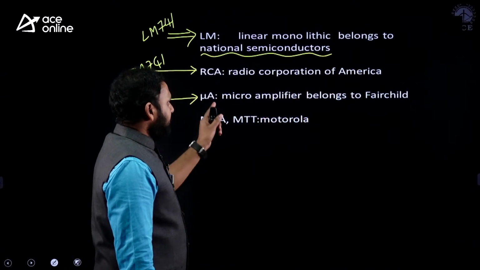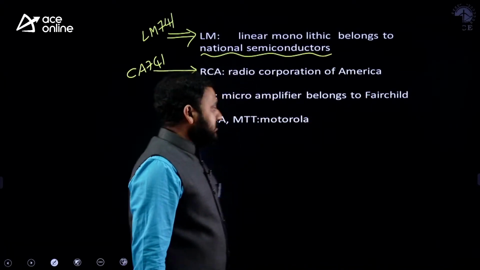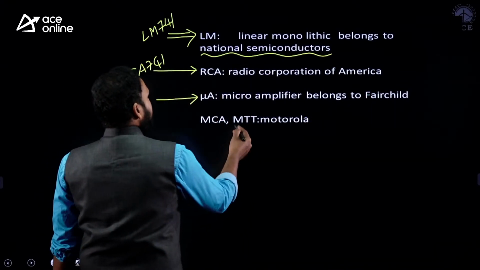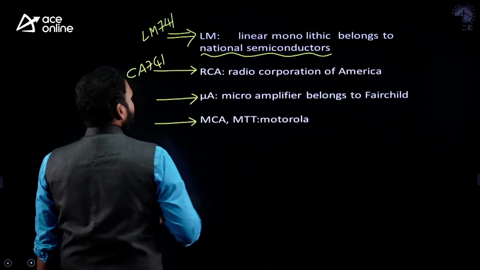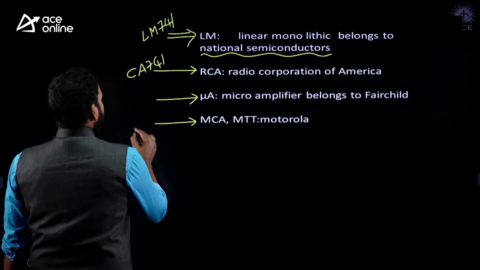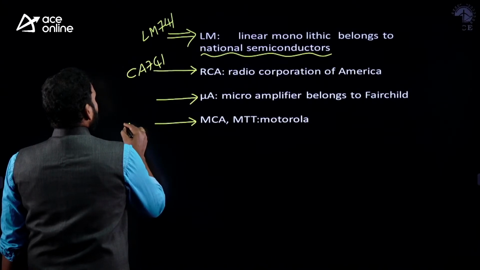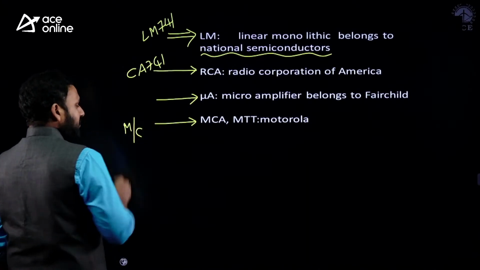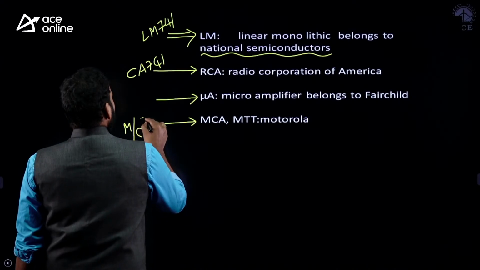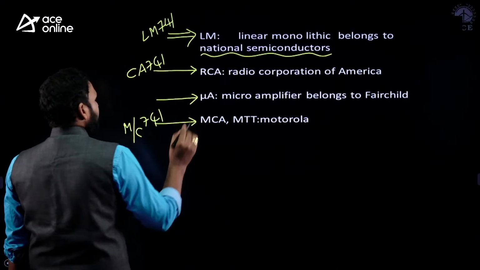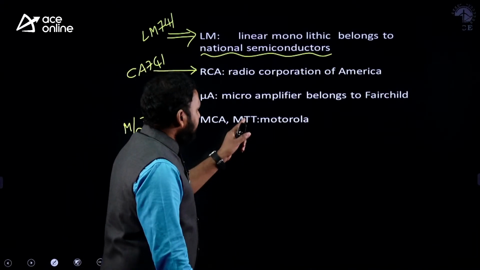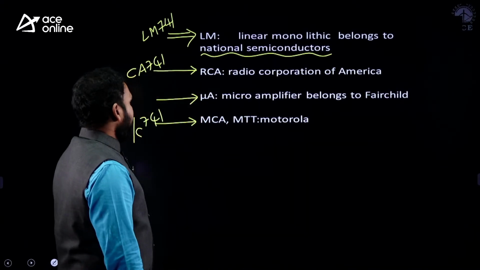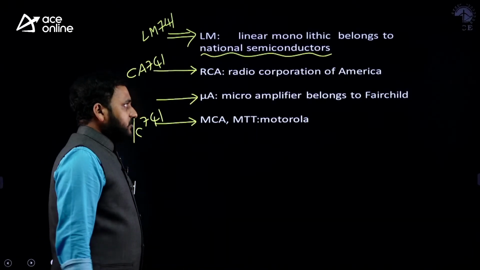Originally it belonged to Fairchild. MCA, MTT, MC, MT, all belong to the Motorola group of companies. Example, you can see MC 741, MCA 741, MTT 741, like that it belongs to Motorola.